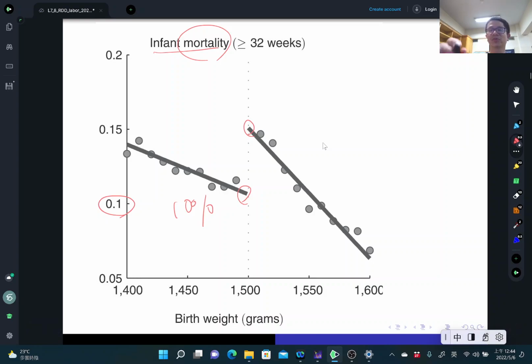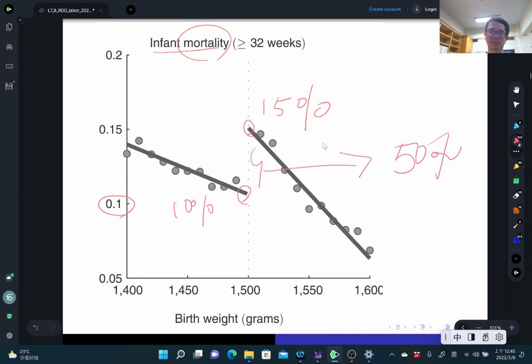But if you do not stay in the hospital for these 6 days longer, the death rate jumps to 50%. So this change represents around a 50% difference. It's a very big difference.